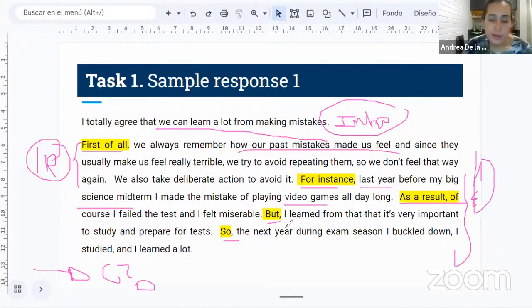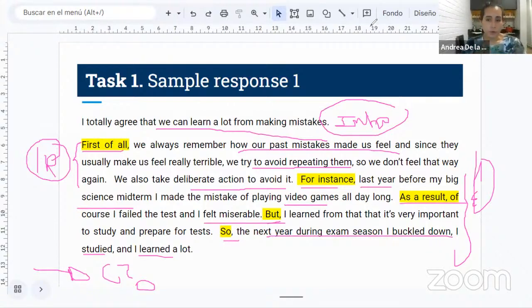So yes, he remembered how his mistake made him feel because he felt miserable. And they try to avoid repeating them. So he did try to avoid repeating them, not to feel that way again. He took deliberate action to avoid it, right? So next year during exam season, he buckled down, he studied, and he learned a lot. So he has good grammar too, you know.